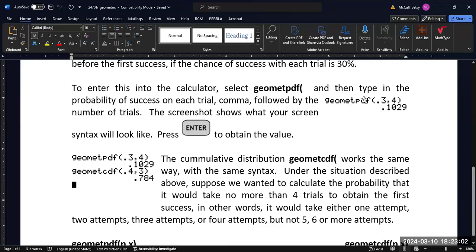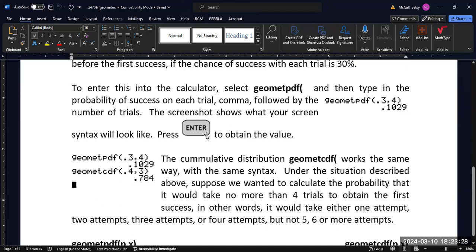You'll call up your PDF function, and you'll have to specify in this order the probability of success and then the number of trials you think it will take in order to get there. And then when you enter this, the calculator will calculate that probability.